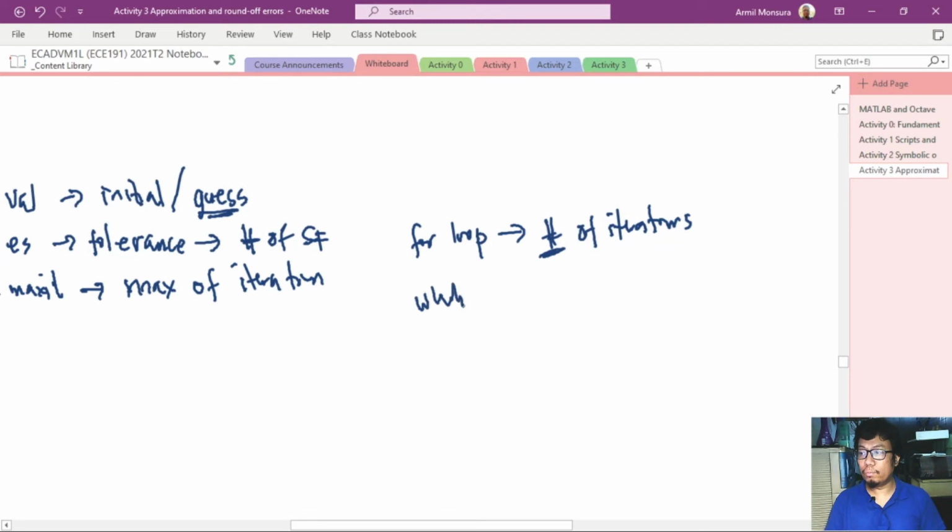While the while loop, naman, uses decisions in order for it to cease operation. Okay.